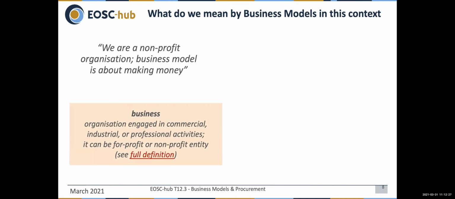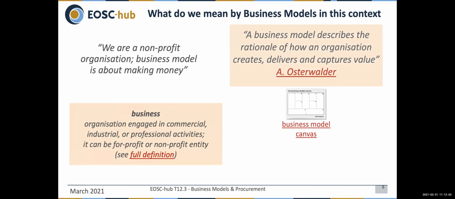You can find different definitions of what a business is. One accepted definition is that a business is an organization engaged in commercial, industrial, and professional activities. It can be both profit or non-profit. So nowadays it's pretty common to discuss business models for public organizations who don't have a profit purpose.